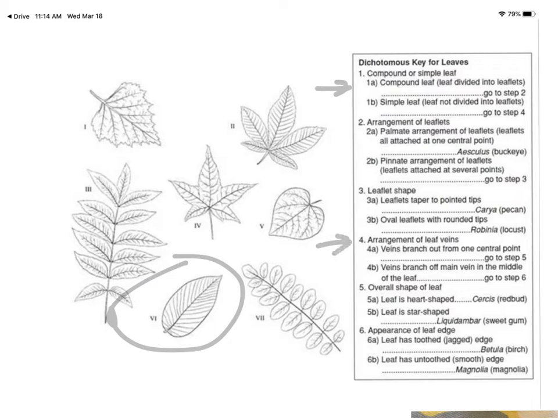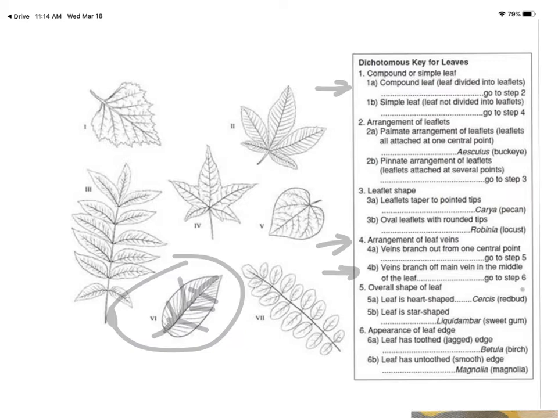On step 4, the veins in the leaf, which are like how the nutrients and water get distributed, do they come from one central location, or do they branch off from the middle stem? Well, there's one stem that runs through the middle with lots of branches on it. So I'm going to say it branches off the main vein, which is right here.